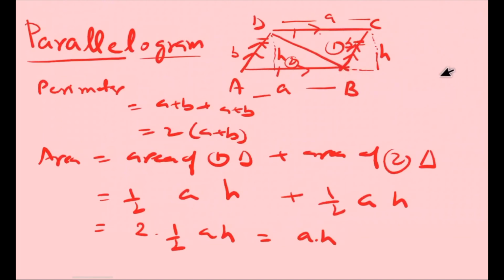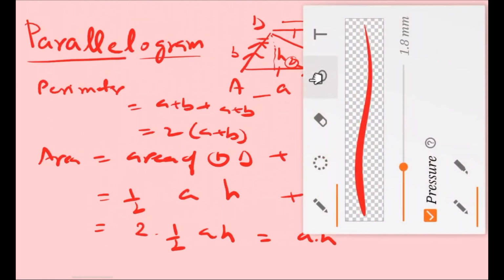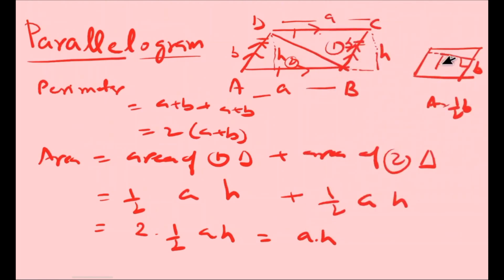If we want to take the area from this side, then we have to take the height this way. Then the area equals half into B into H, let this one be height H, then this height we have to take.